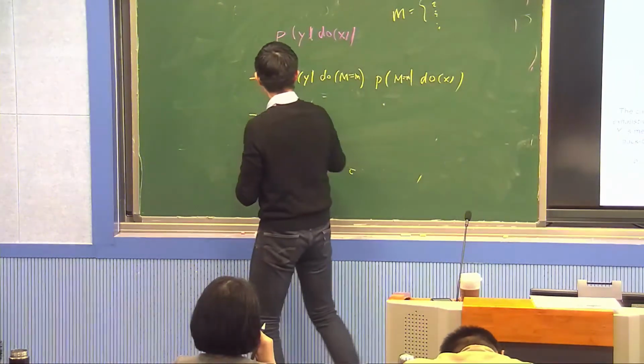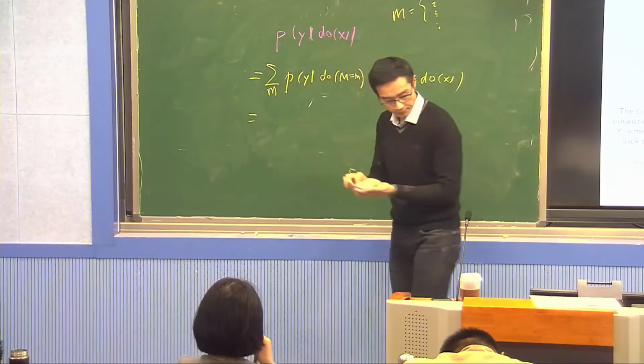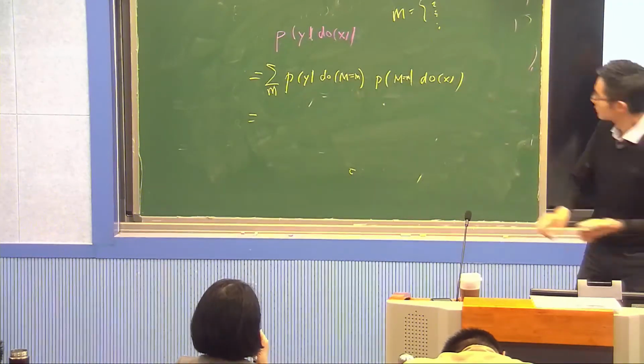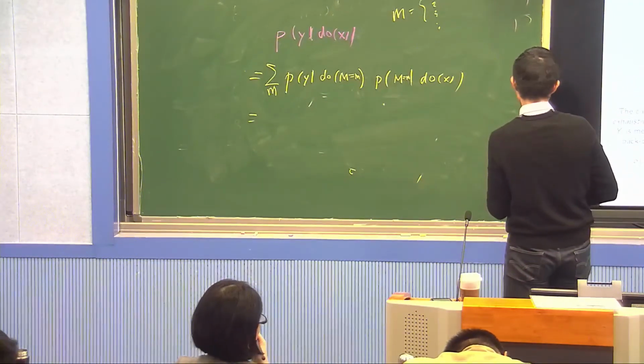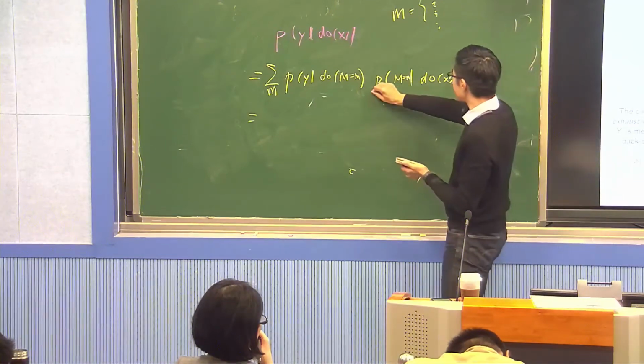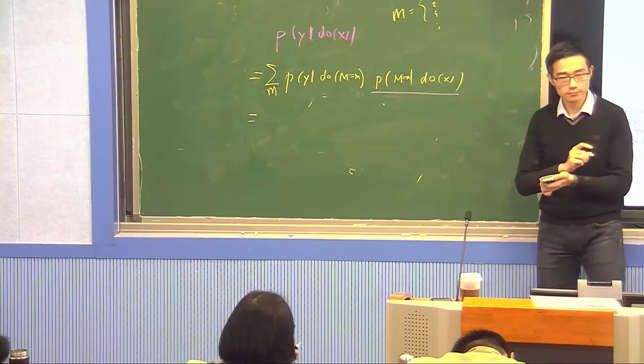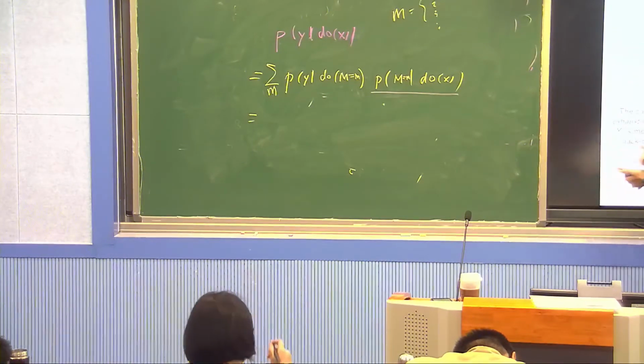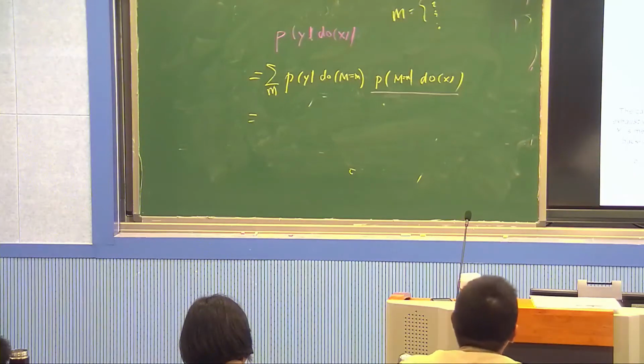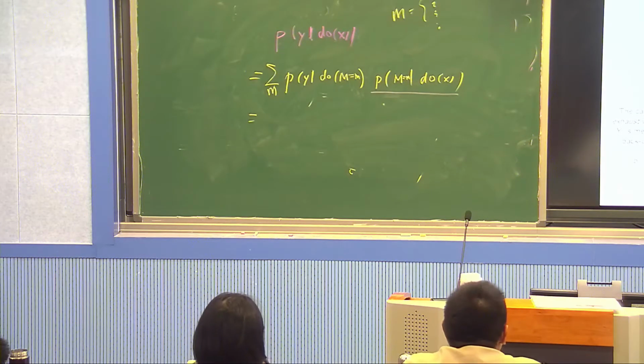Now let's take a look. First, what is P(m | do(x))? This is easier. Can you write it in terms of a statistical object? P(m | do(x)) is a causal one; can we write it in terms of a statistical one?